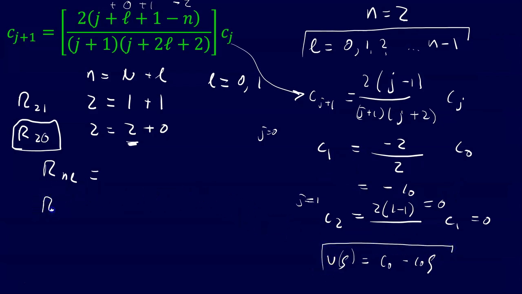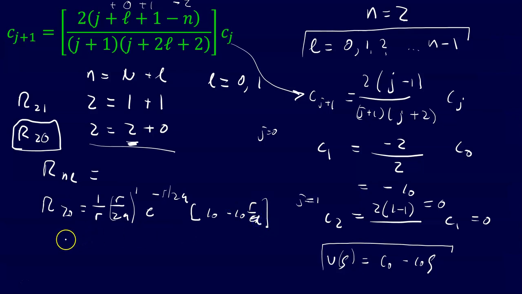And so if we look over here, our r to the 0, so it's the same sort of deal as before. So 1 over r over 2a to the L plus 1. Again, this is the case where L is equal to 0. We're doing this case right here. So this is again to the 1 power. E to the negative r over 2a, and then our sum is c0 minus c0 r over a.